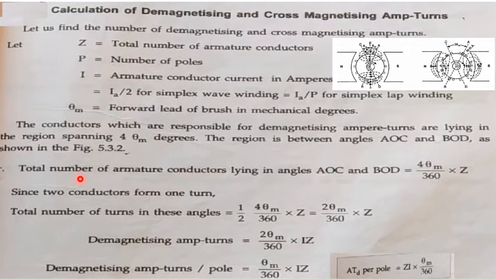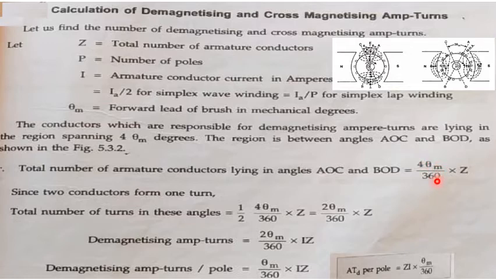Now here I represent the total number of armature conductors lying in angle AOC and BOD. Whatever the total number of conductors lying here, that is what we calculate. Considering the entire 360 degrees, the conductors influenced by the demagnetizing effect span 4 times theta m.